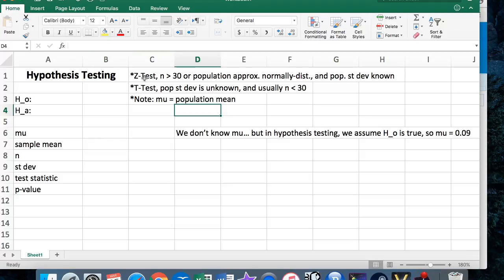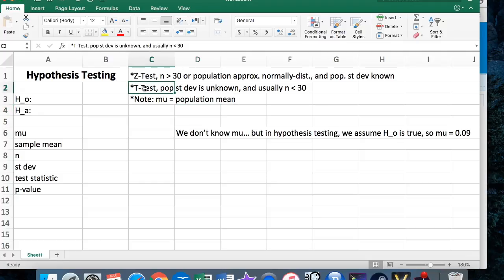The other thing you have to have for a z-test is to know your population standard deviation. If you don't know this, you may not use a z-test. In fact, in statistics, z-tests are hardly ever used because the population standard deviation is pretty hard to figure out, so it's hard for us to use z-tests.